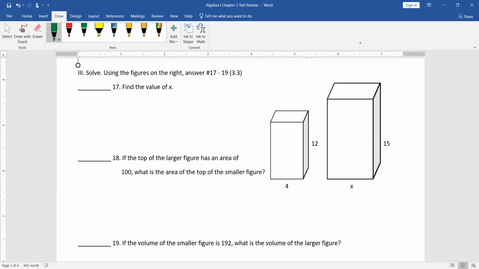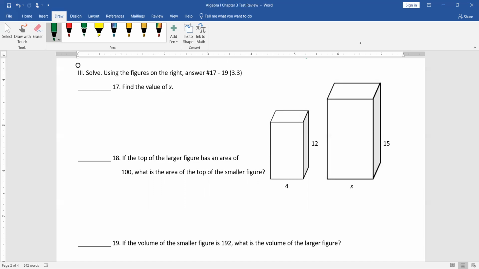So we need to find out what their proportions are compared to each other. In the case of finding just one side, we have two sides to compare for the smaller one, and we have one side for the larger one, and then we're being asked to find the corresponding side, that base side.